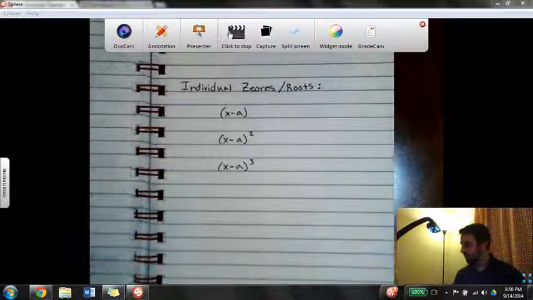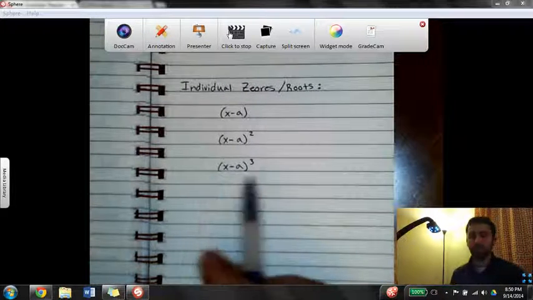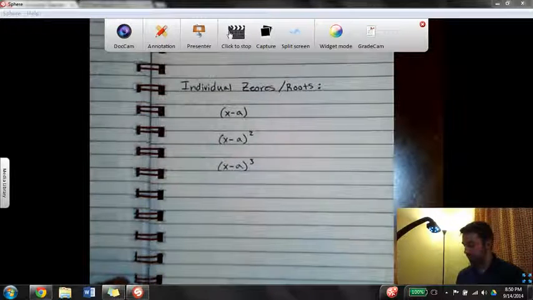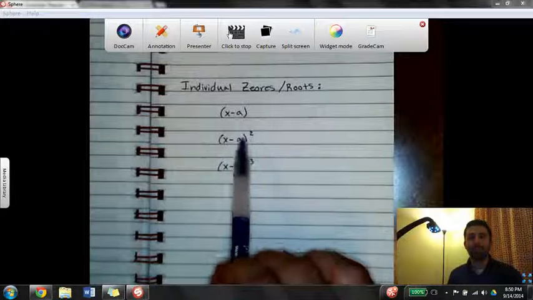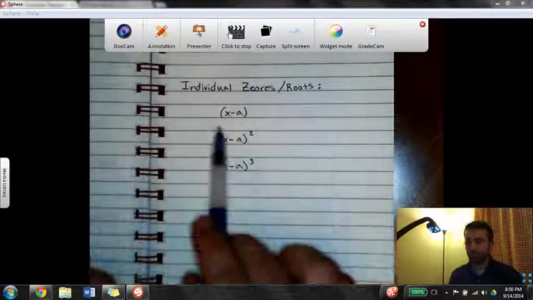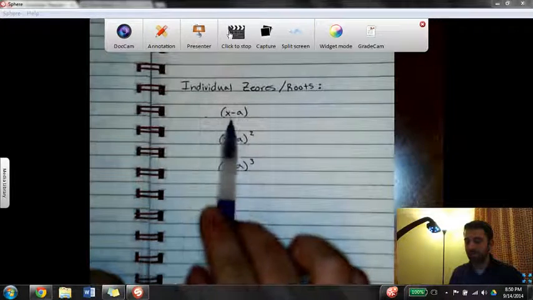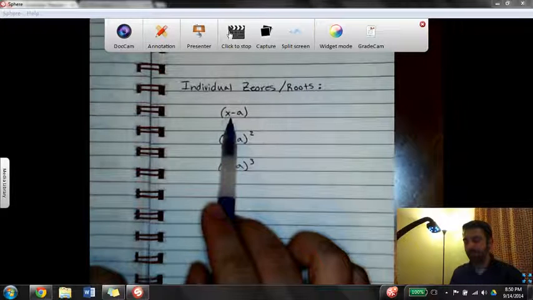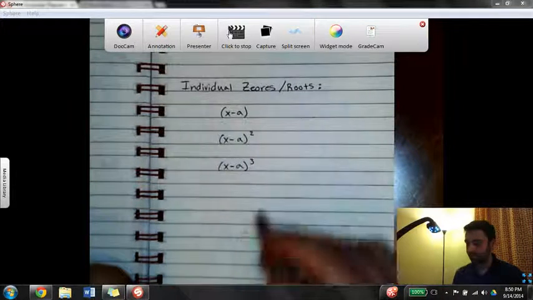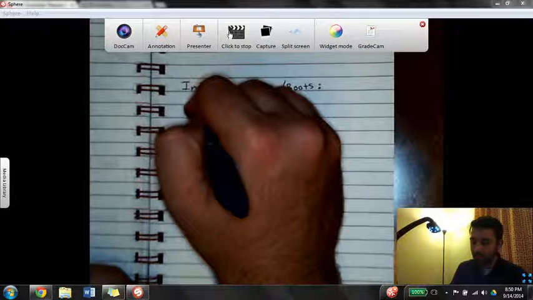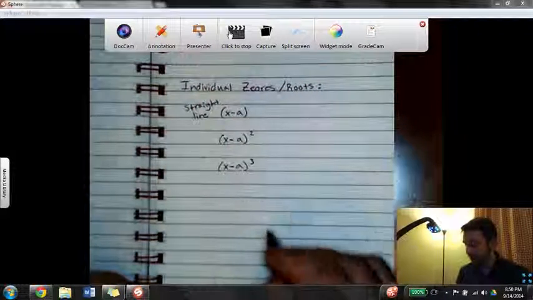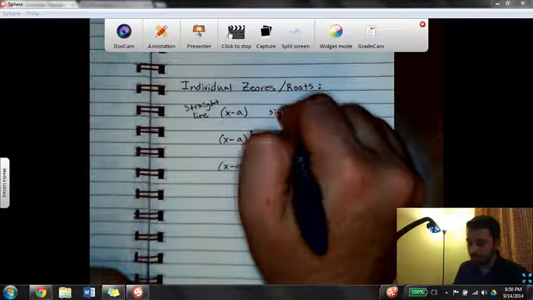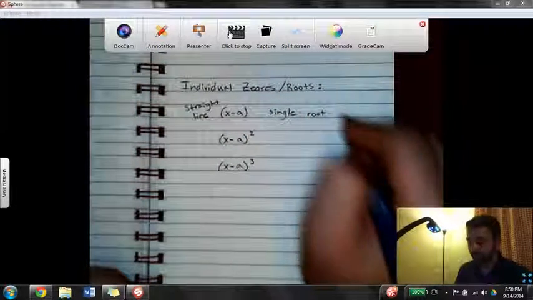So now we're going to talk about the individual zeros or roots of these different functions. When we have a polynomial in factored form, and we have one factor that's of the form x minus a, this is a linear factor, and so it will give us a straight line, and we will also have a single root from it.